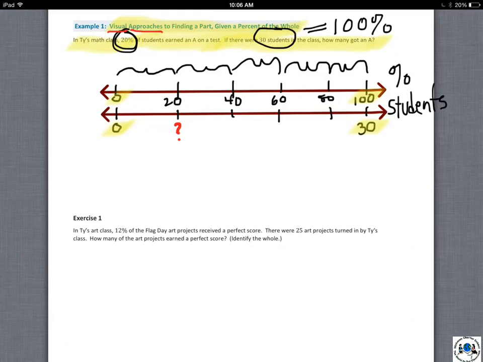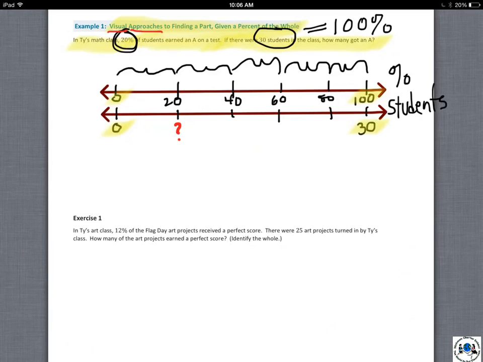Since we're trying to find 20%, how many sections of 20% are there on this number line? There happen to be 5 sections: 0 to 20, 20 to 40, 40 to 60, 60 to 80, 80 to 100. Those are all equal, even though they don't look it, because I said it's not to scale. They are equal segments of that number line.